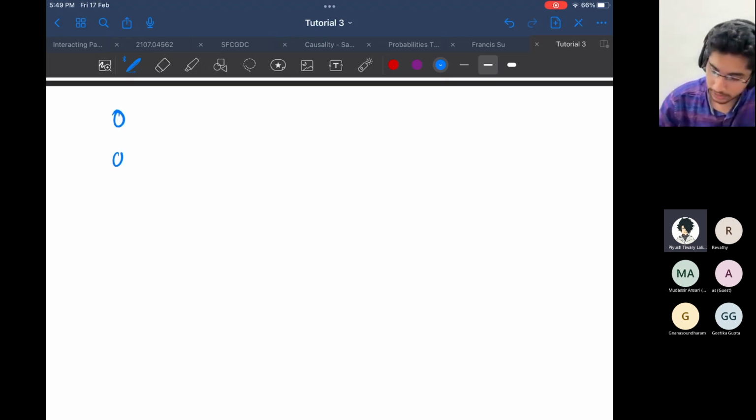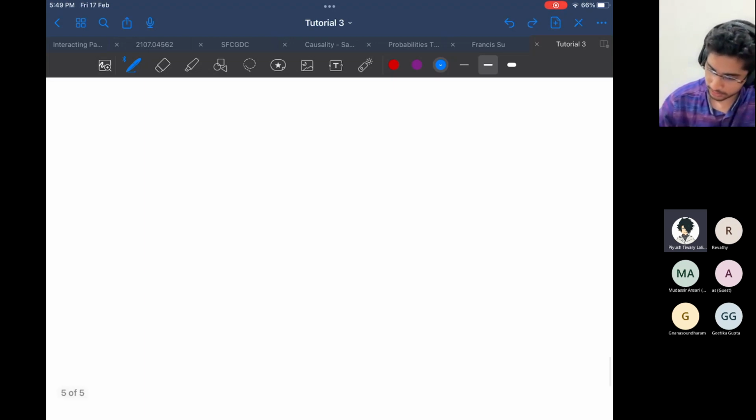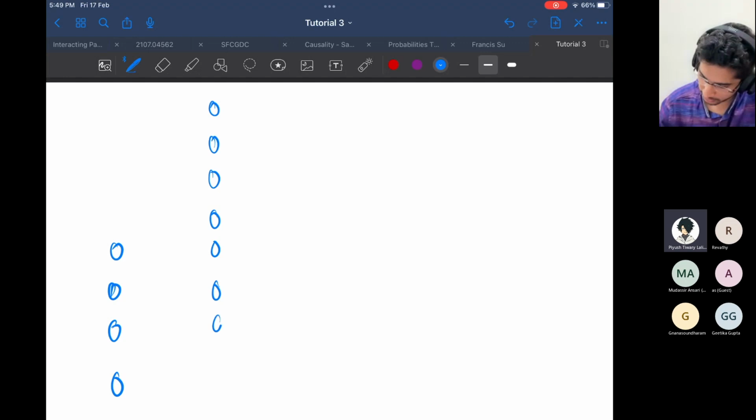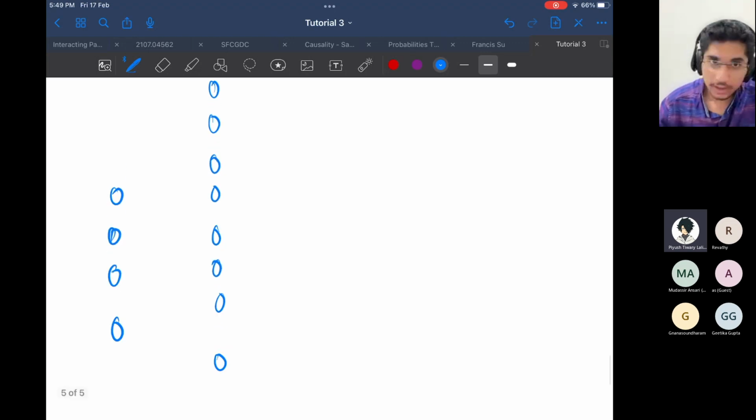Let me start from somewhere below. There are four here: one, two, three, four. There are 8 plus 1, 9 here in the first layer: one, two, three, four, five, six, 7, 8, and 9.